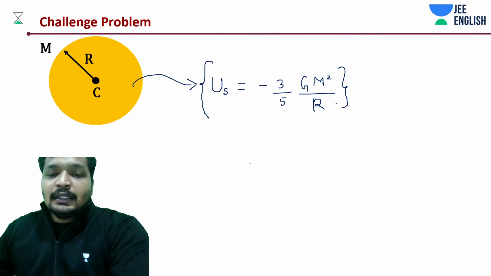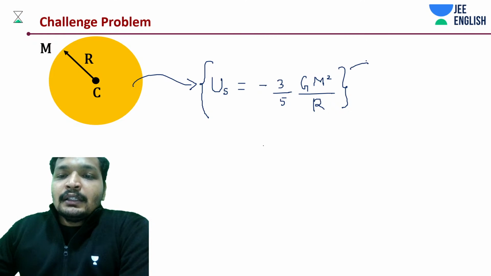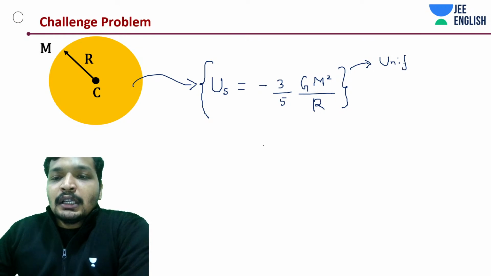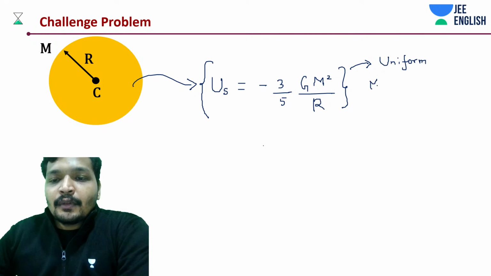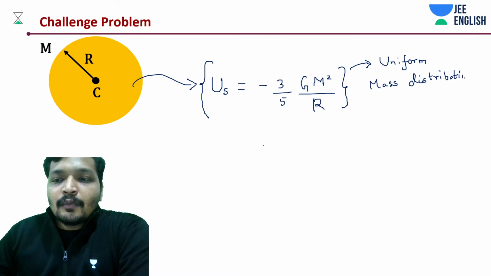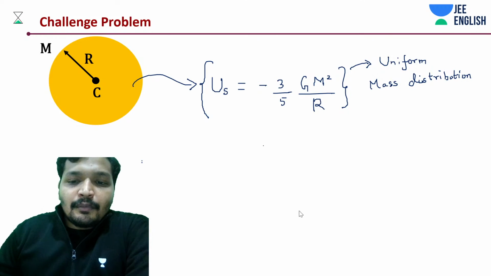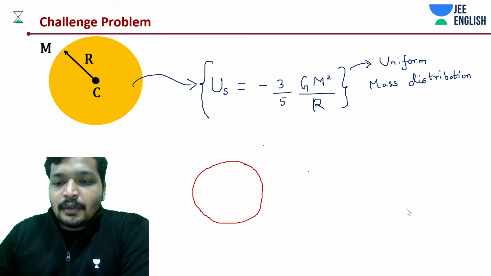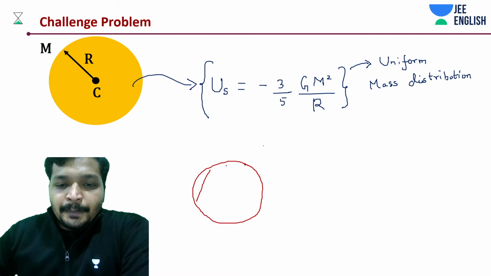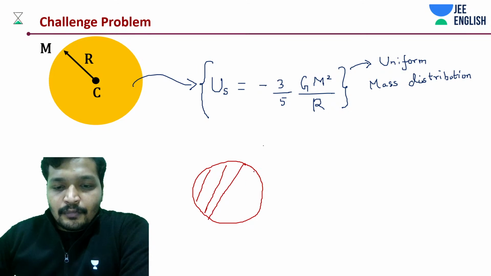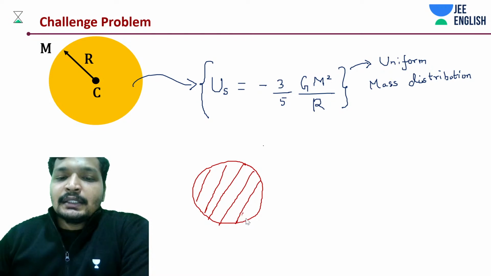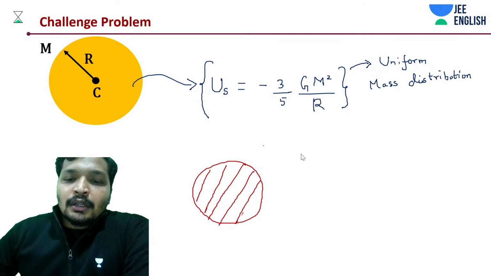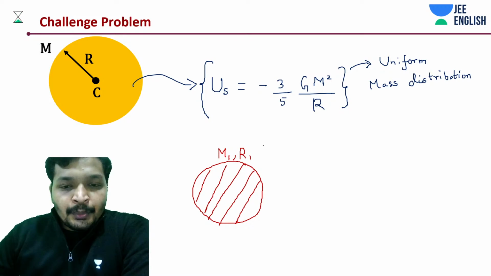For an example, let's say this is a uniform mass distribution, and this is a solid sphere of mass m1 and radius r1.